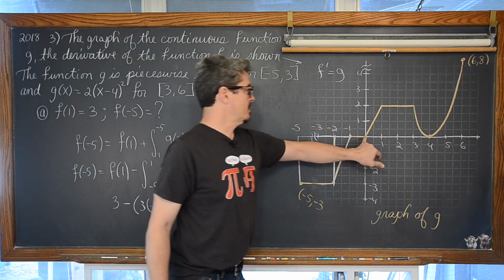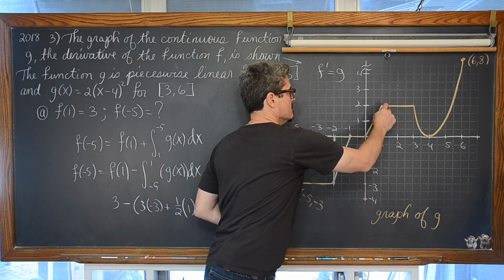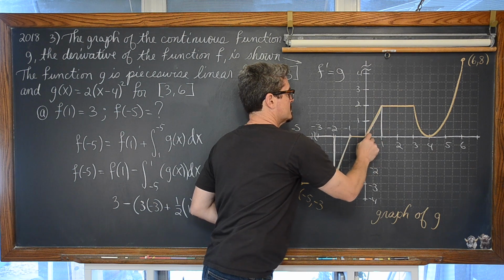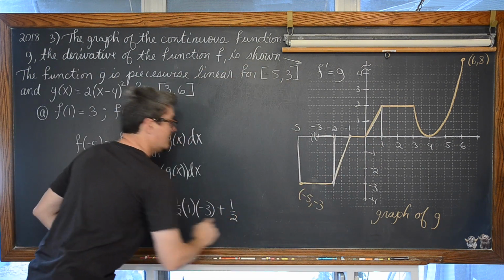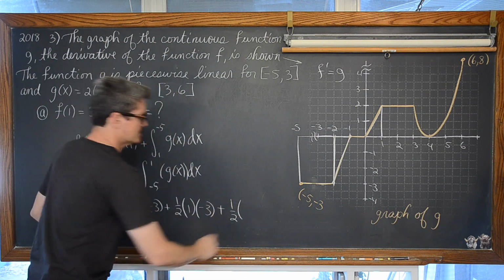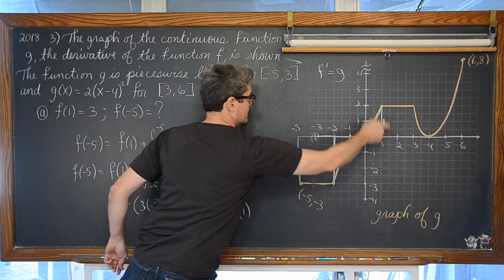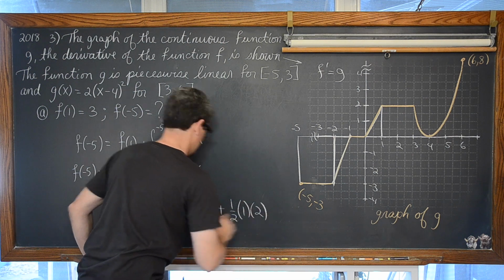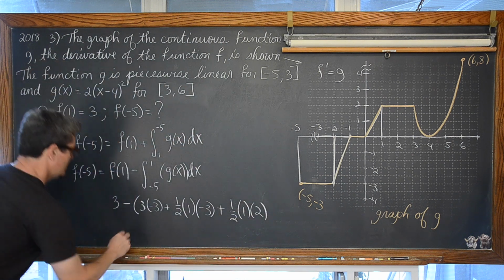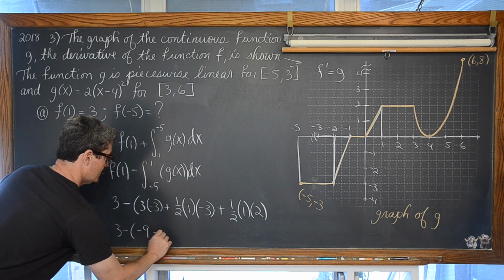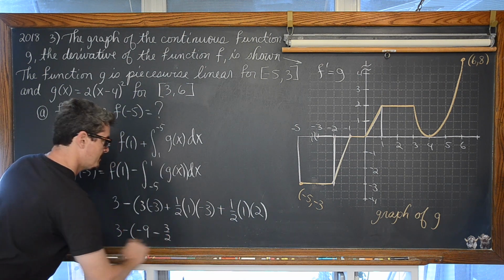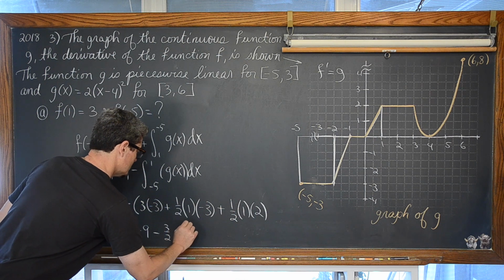So now we have another area of this triangle here, which is going to give us an area of 1/2 base, which is 1, times height, which is 2. And this is going to be 3 minus negative 9 minus 3 over 2 plus 1.